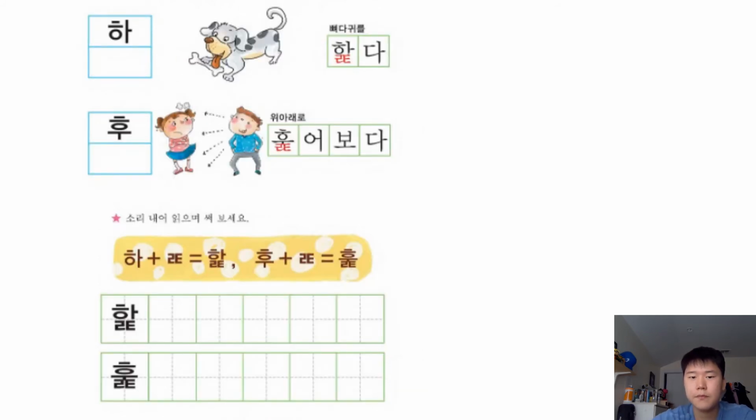Okay. So in this one, this dog is licking the bone. And so 핥다, right? That means to lick. So let's try writing it.